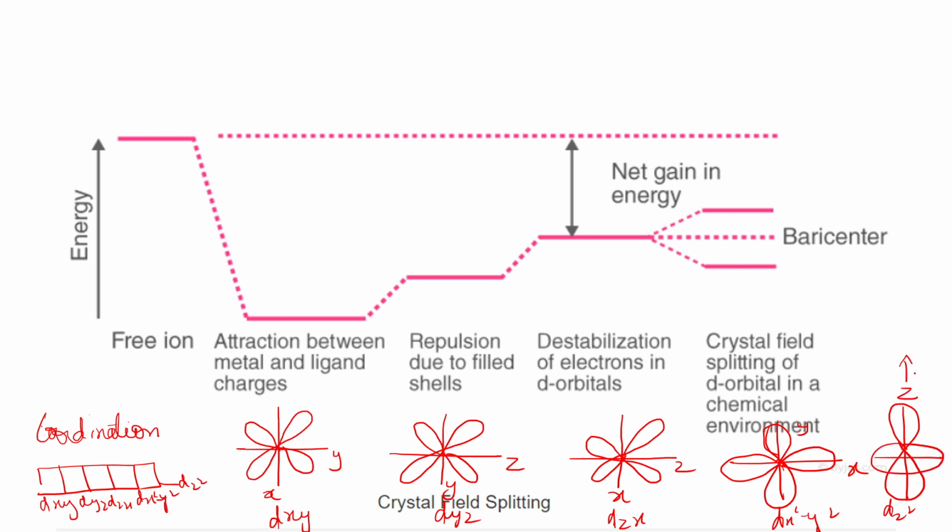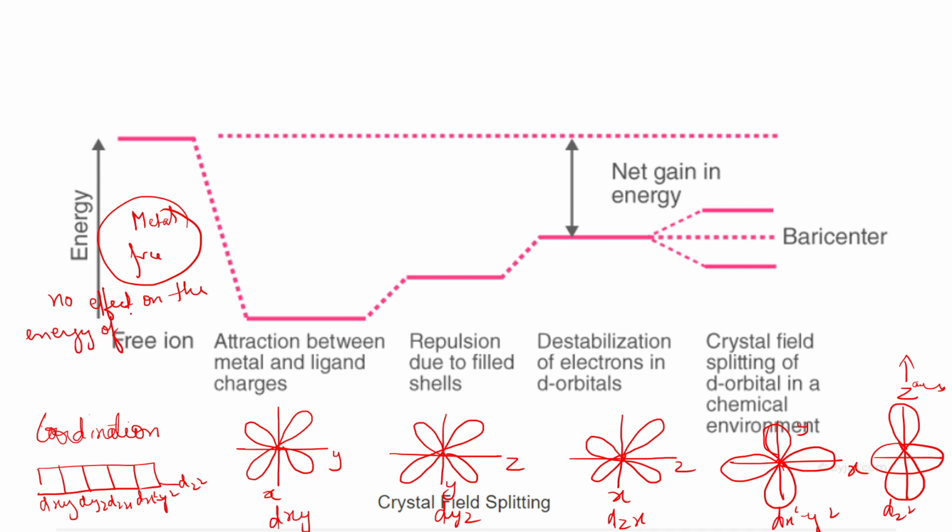This is the z axis. In coordination chemistry, we are dealing with metal complexes where the d orbital is filled. So these are the five d orbitals and this is their orientation along the x, y, and z axes. When that metal ion is free, that means a free metal ion, there is no effect on the energy of the d orbitals.